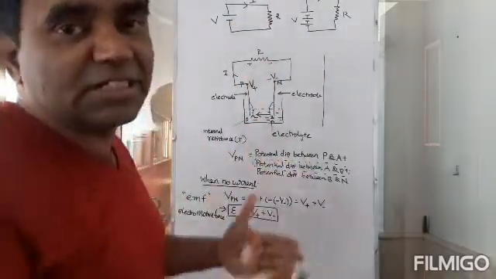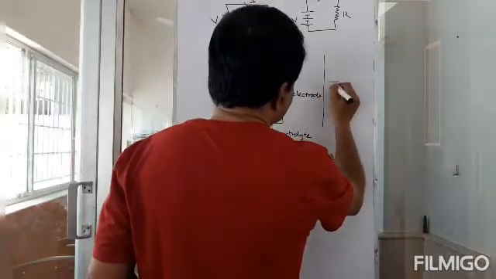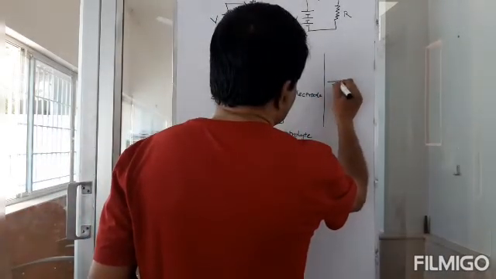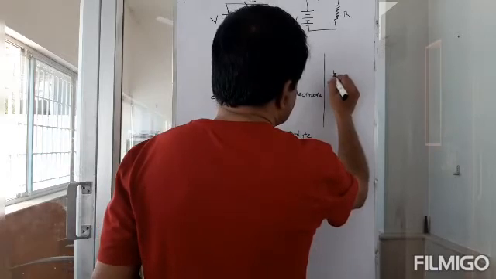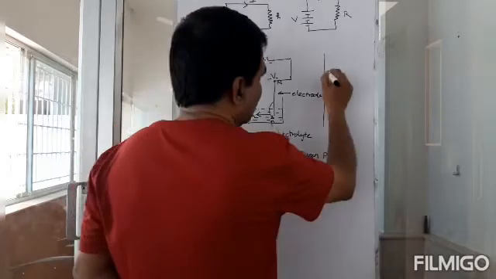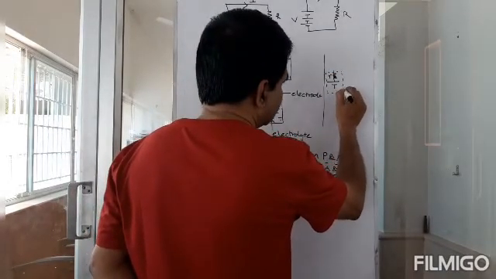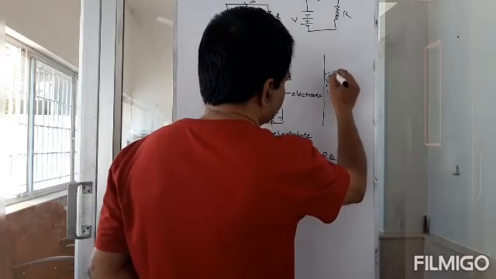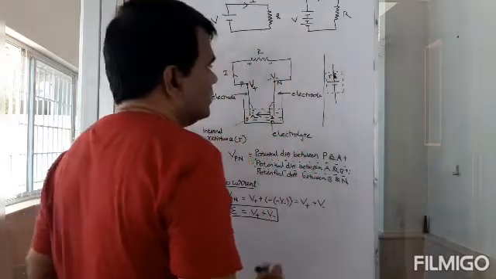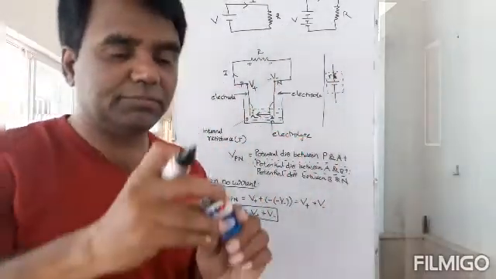Now, a better understanding of a cell is this. You have the cell here, okay, and it will also have an internal resistance, small r. So the whole thing will become the cell. And these are the ends, the terminals of the battery.